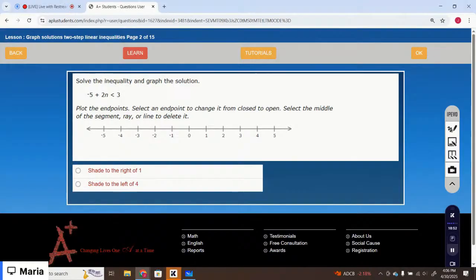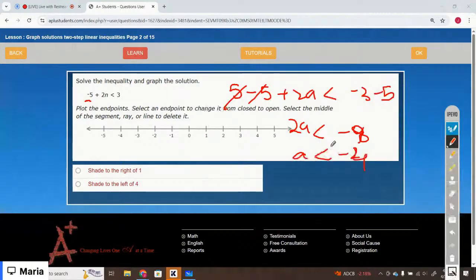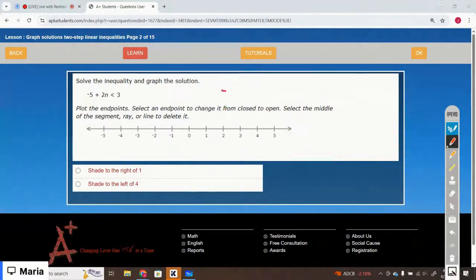Negative 5 plus 2n is less than 3. So just add 5 to both sides first. Negative 5 and 5 cancel out. We are left with 2n is less than 8.